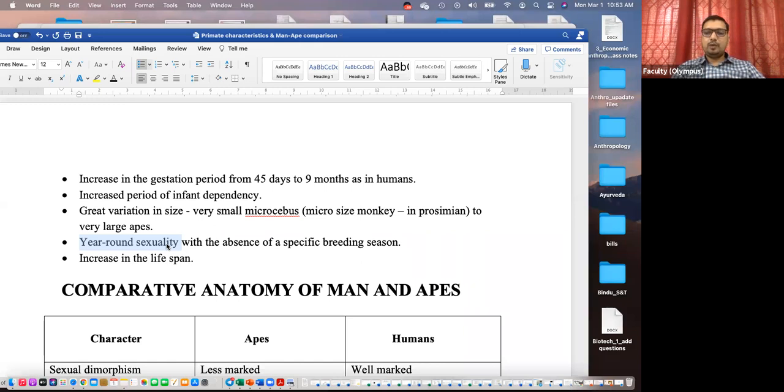Otherwise, animals can have multiple children, but only in given seasons. But here, we have year-round sexuality, no specific breeding season, with smaller litter size.